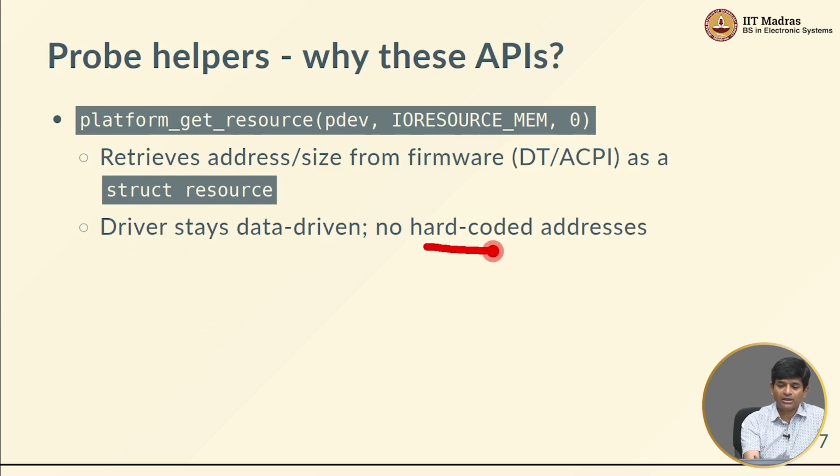I don't have to hard code any of the addresses, I can pull them out of the device tree. This function is the API function. Once again, API is a fancy term for a set of function calls. By making sure that you use this function, you are sure that you are able to get it out in a format which is standardized across the kernel and should give you the results that you expect.